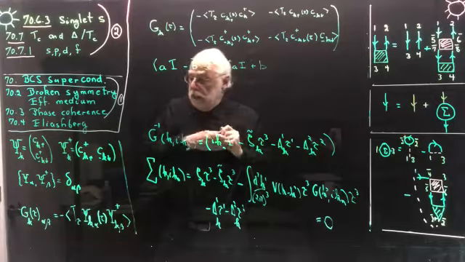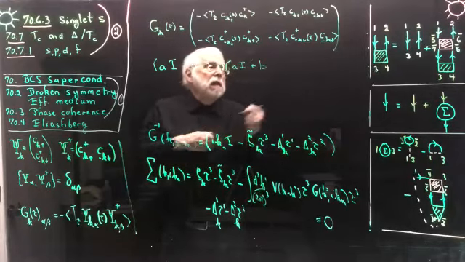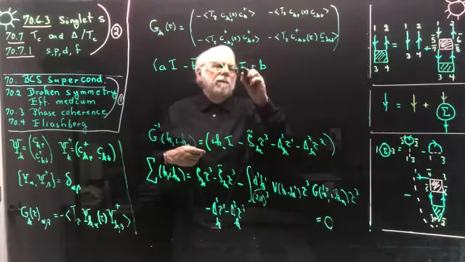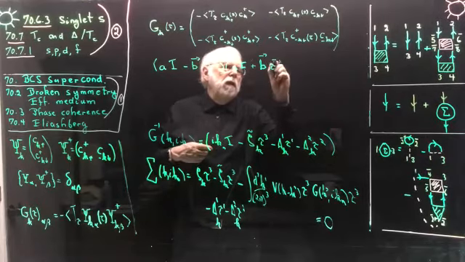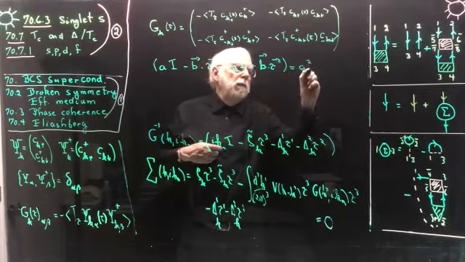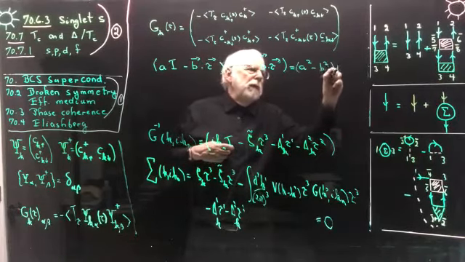I have to change color all the time because the pens are dying. I'm sorry. This is equal to A square minus B square times the identity.